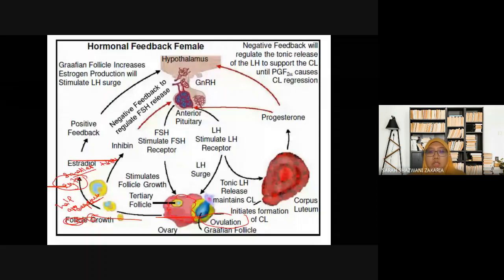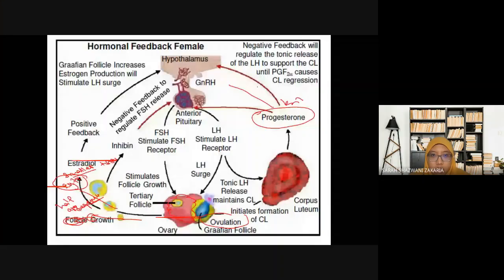So she take the pills that contain progesterone. So this progesterone maybe at the first month of taking this progesterone or birth control pills, follicular ada yang grow tapi dia halfway lah sebab dia dah makan progesterone ni. So dia akan negative feedback FSH, LH, so no ovulation.